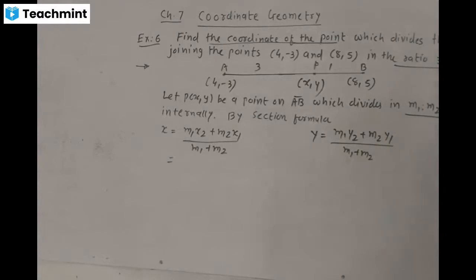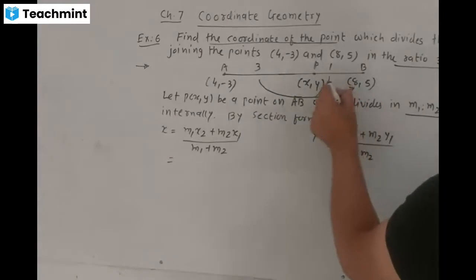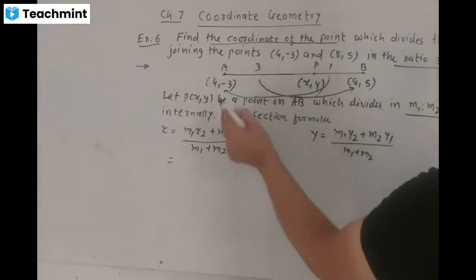Therefore m1 is equal to 3, multiplied with 8, and m2 is 1, multiplied with 4.